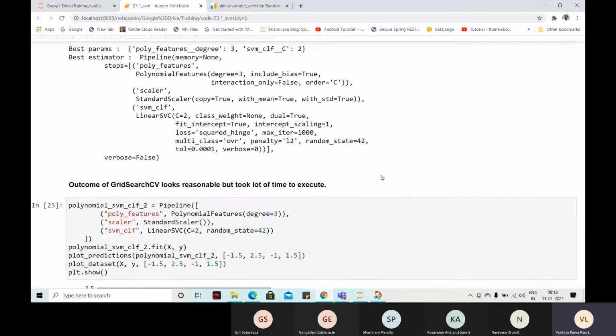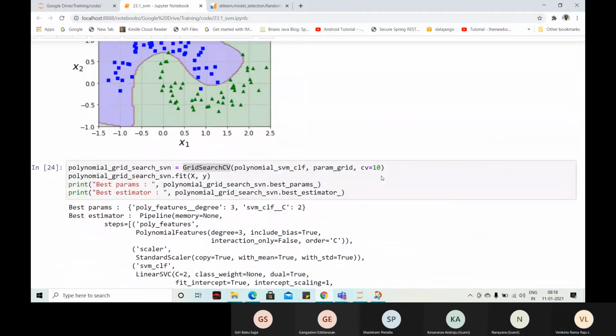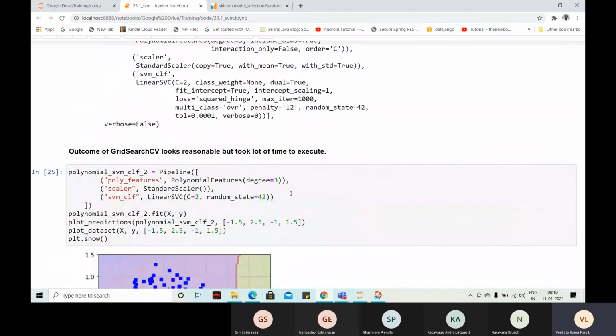So here I've taken a third degree polynomial, that is okay. But if in the data set you have 10 columns and say a 10th degree polynomial, it is going to be (n plus d) factorial by n factorial into d factorial, right? I was trying to remember that.